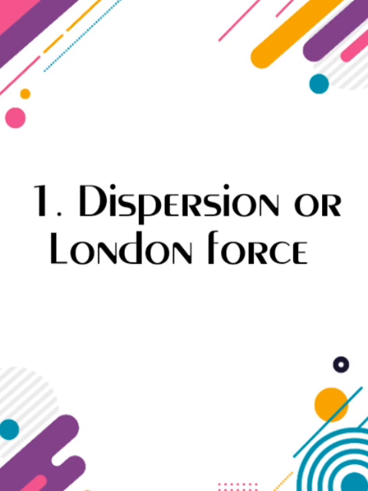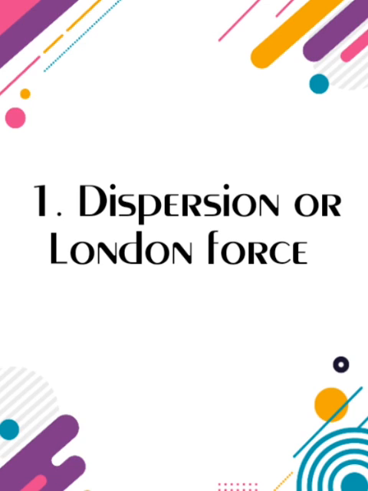The first type of van der Waals force is called dispersion force or London force. Atoms and non-polar molecules are electrically symmetrical and have no dipole moment because their electronic charge cloud is symmetrically distributed. But a dipole may be developed in such atoms and molecules.